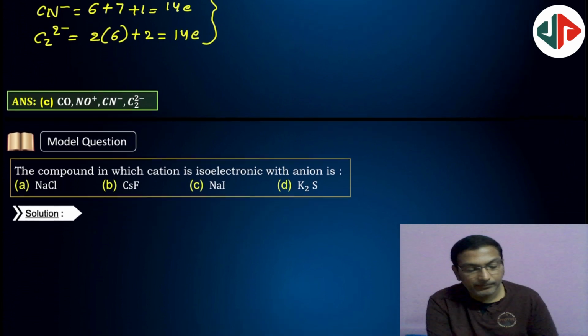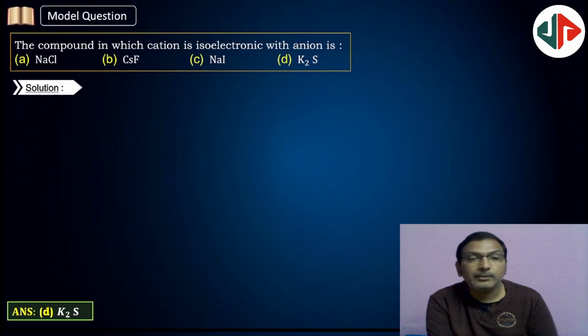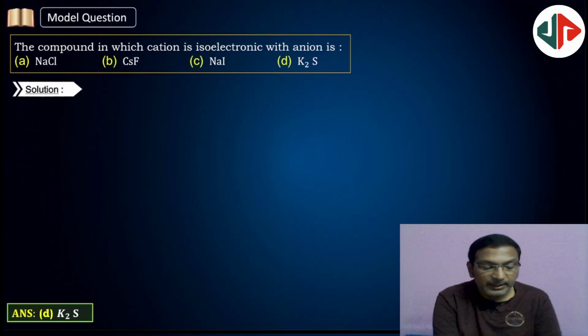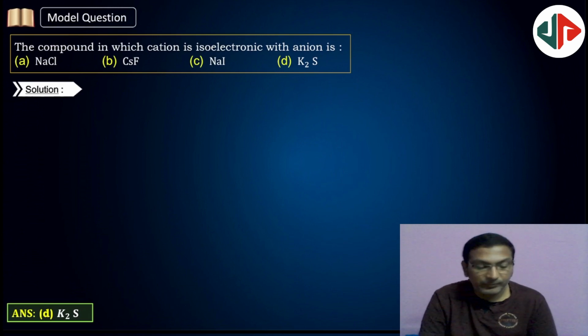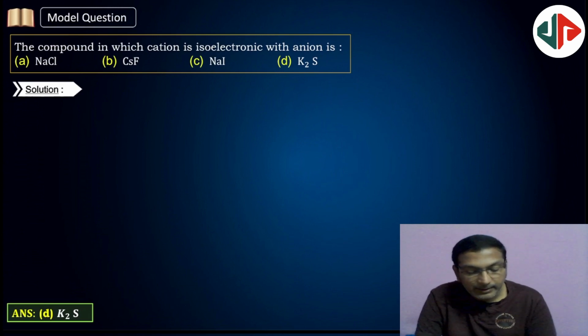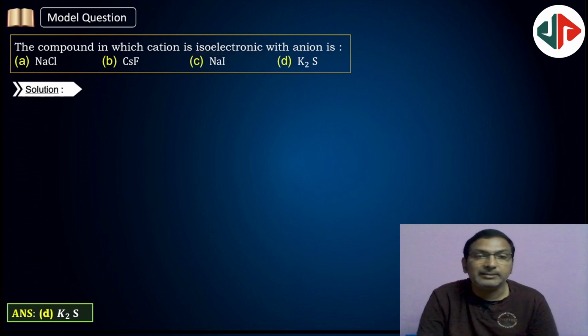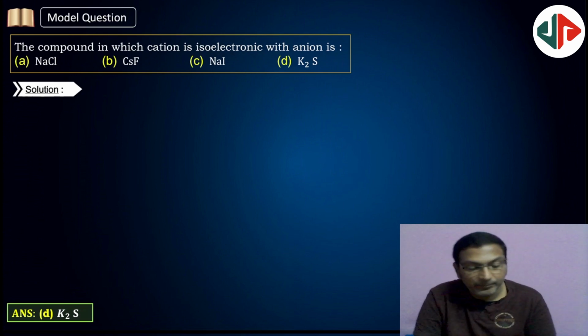Next question. The compound in which cation is isoelectronic with anion. Here also a similar topic, isoelectronic. That means containing the same number of electrons. But here we have to compare cation and anion.